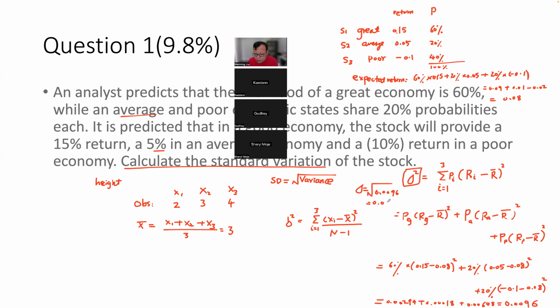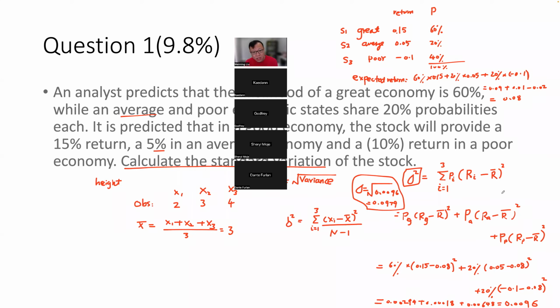0.979. Does this make sense? Yes, because when you are using this equation, the first step you are calculating the variance.